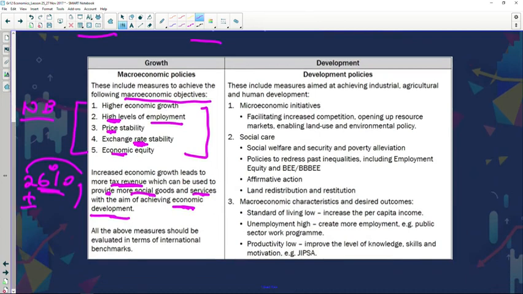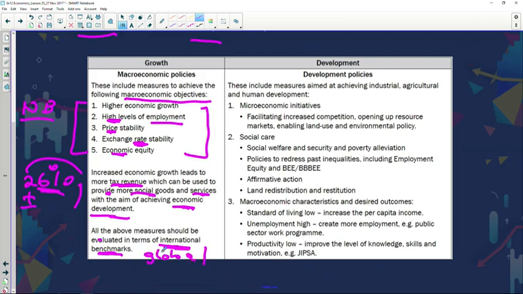The last point that we're going to look at: all of the above measures should be evaluated in terms of international benchmarks. It's all good that we've got our own policies over here, but we need to benchmark them in terms of international standards because we are part of the global society.